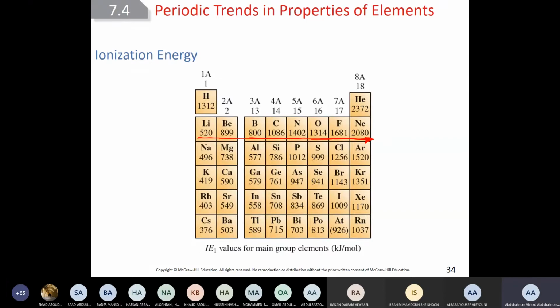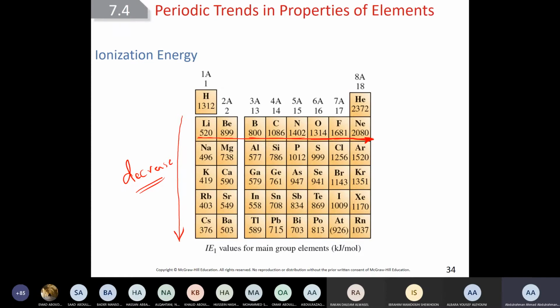As you go on the other side, what's happening to the ionization energy as you go from up to down? Decrease. Can you see this? So it's the opposite of the atomic radius, right, doctor? Yes, everything is opposite to the atomic radius.